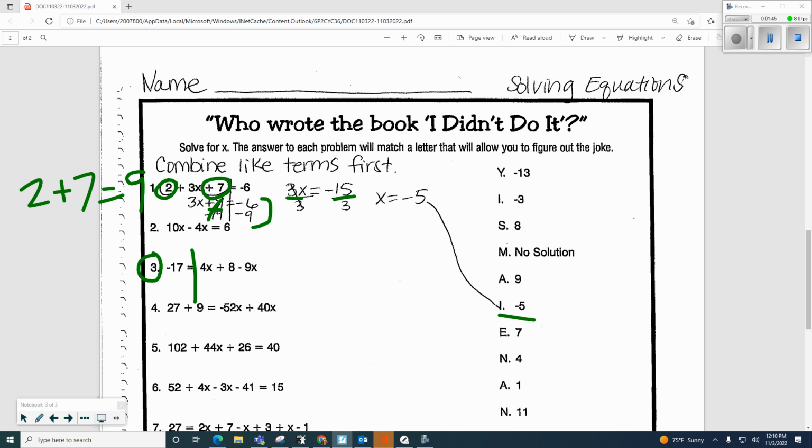Okay, and hopefully you've noticed that on this one, the x's are the like terms. And notice that I want to take the sign in front with the number, so I brought that sign with the -9. Okay, so we are going to combine the 4x and the -9x.